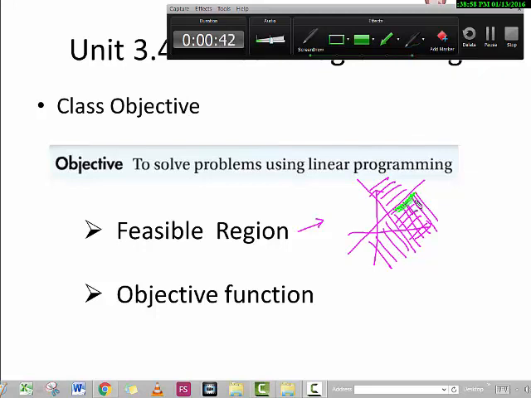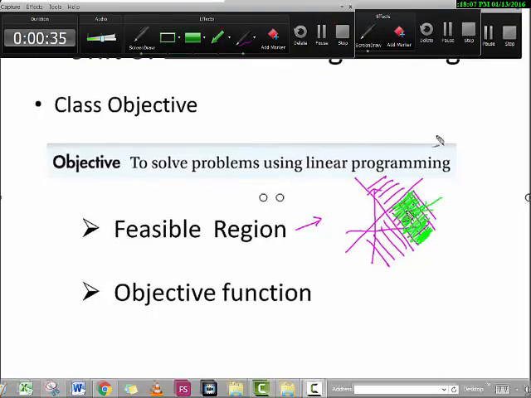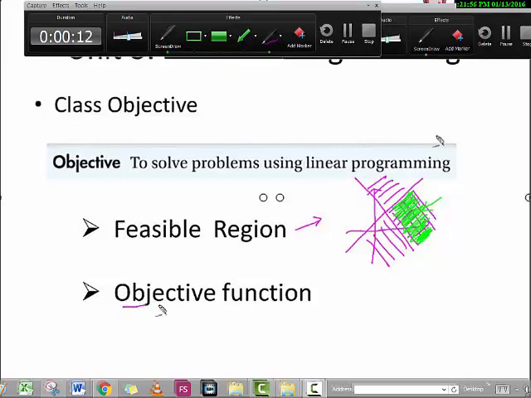This is the intersection area in the inequality system, and in linear programming we refer to this as the feasible region. Every single point in this region will make every equation in the system become true. The objective function helps us determine the maximum or the minimum value of this solution set.